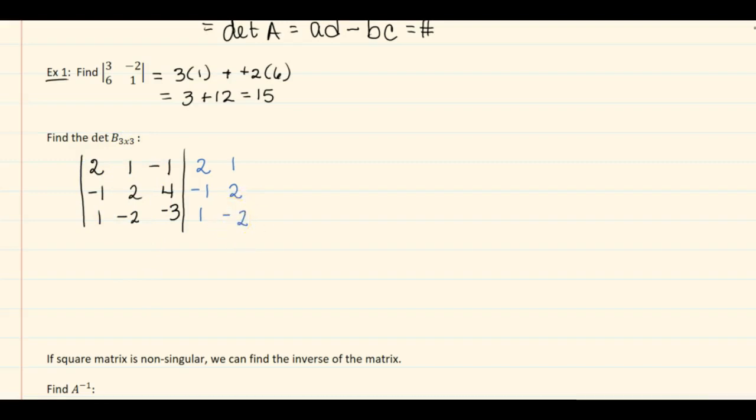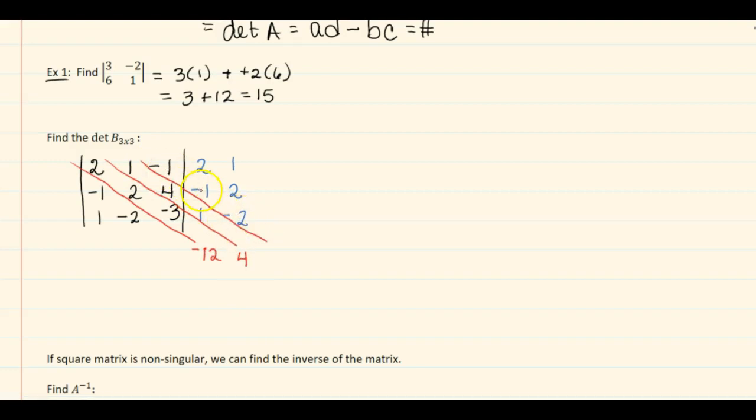The next thing we're going to do is multiply diagonally up and diagonally down. So let's do these first. We're going to multiply these three numbers together. When I multiply, I get 4 times -3, that's -12. Then I'm going to multiply these three numbers together. That's the 1, the 4, and the 1, and that's going to be 4. And then I'm going to multiply these three numbers together.